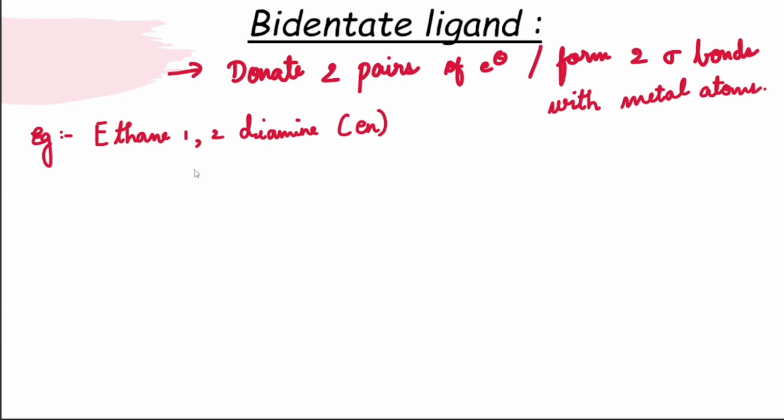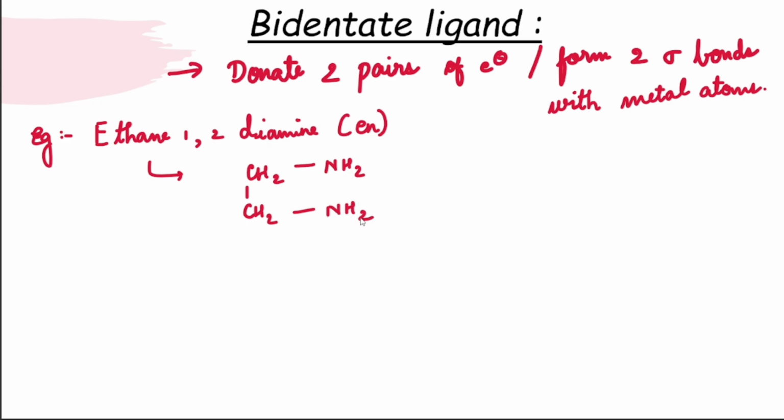The structure of ethane 1,2 diamine is NH2, CH2, CH2, NH2.